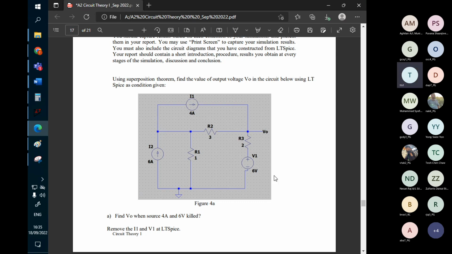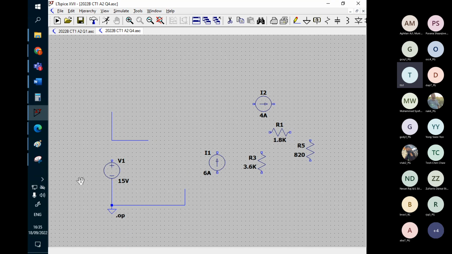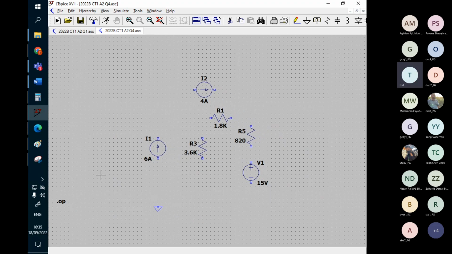Right, so we have 1, 2, 3 resistors, and then the last one is the power source. And then we need the ground also. Let's move the ground here. I think we can just go ahead and delete all those lines, to make sure it doesn't affect our simulation result. Pan over there to the center. Move this one also.